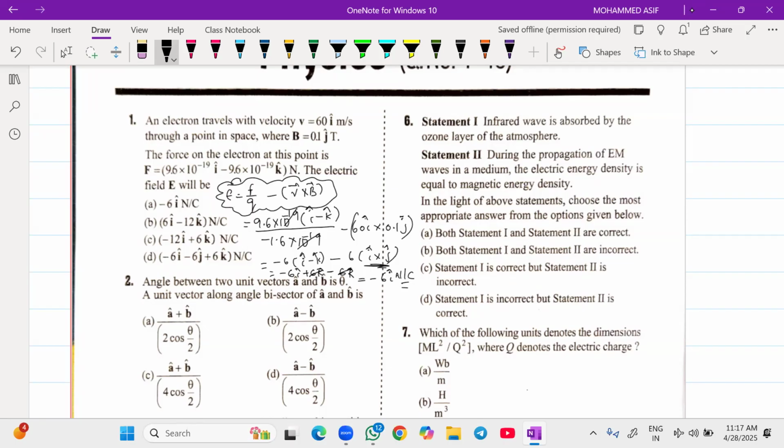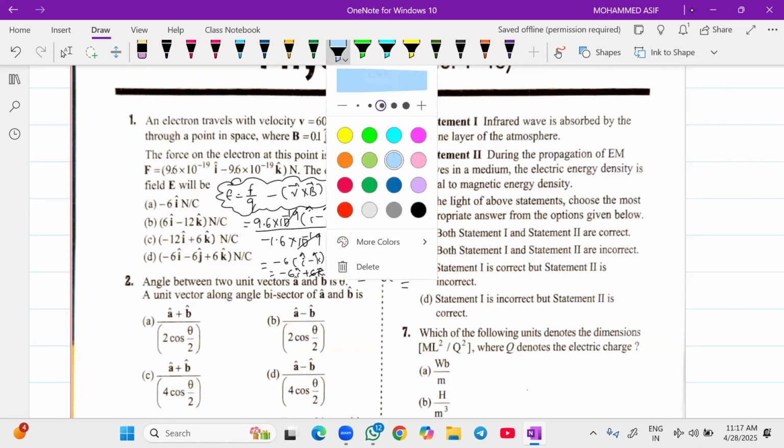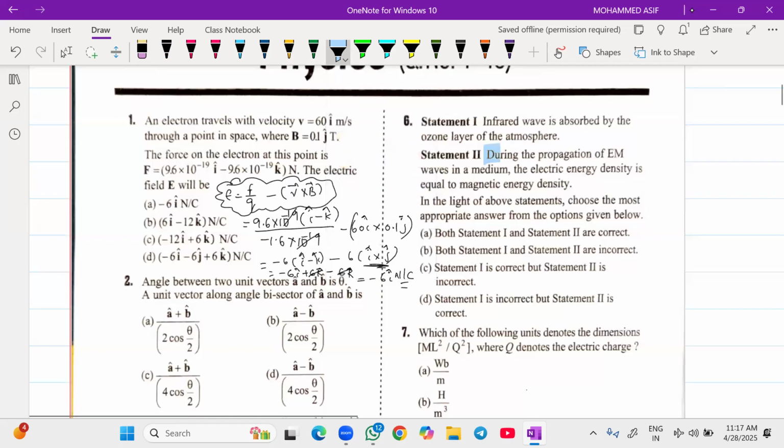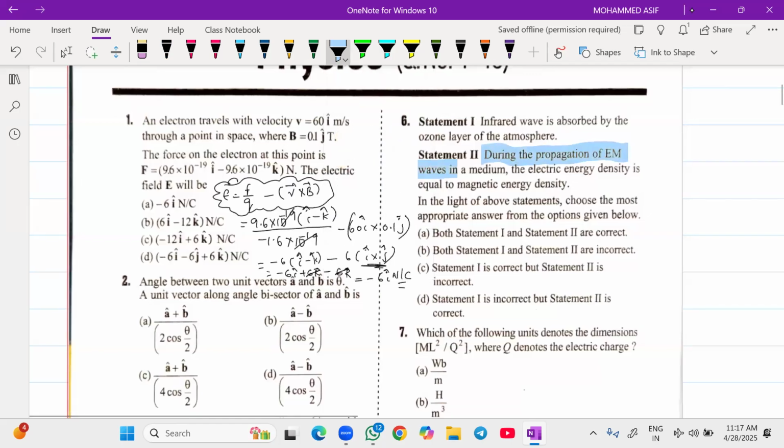Statement 2, is it correct or false? During the propagation of an electromagnetic wave in a medium, the electric energy density is always equal to the magnetic energy density. This statement is true. So the second statement is correct.